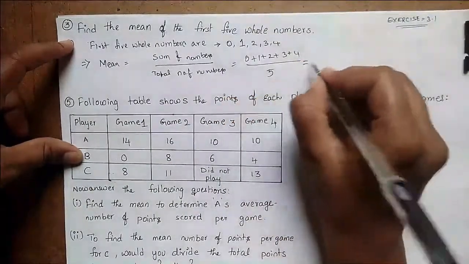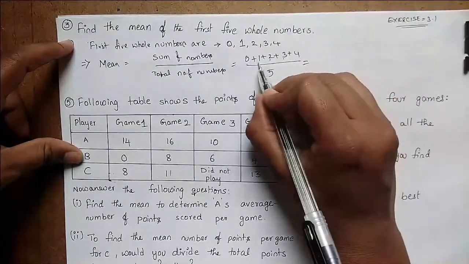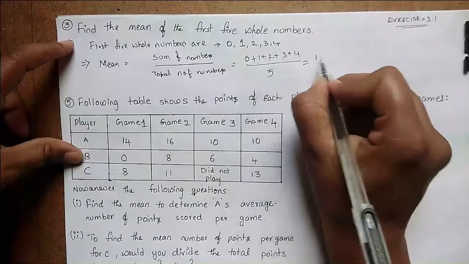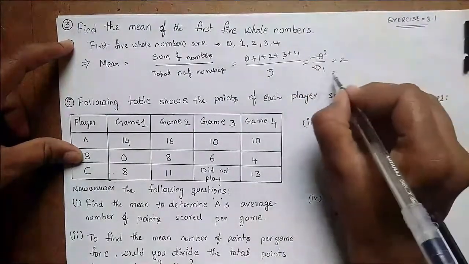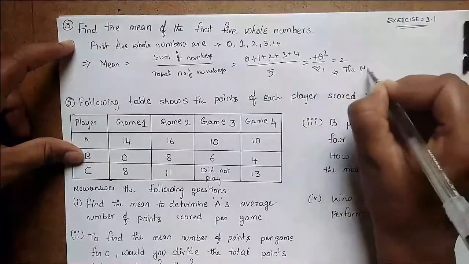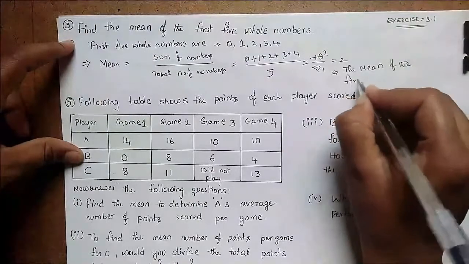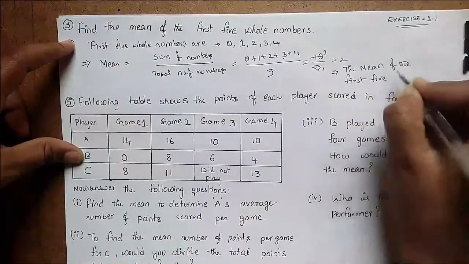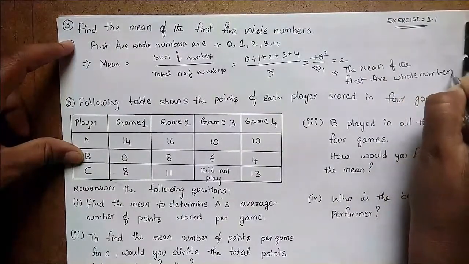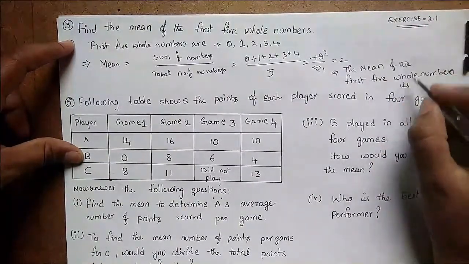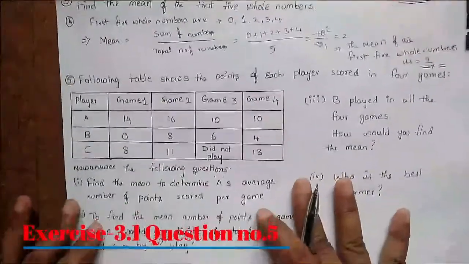So 4 plus 3 is 7, 7 plus 2 is 9, 9 plus 1 is 10, 10 plus 0 is 10. 10 by 5: 5 twos are 10, so the mean of the first 5 whole numbers is 2. Now let's move on to the next question.